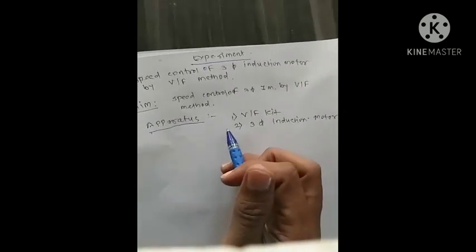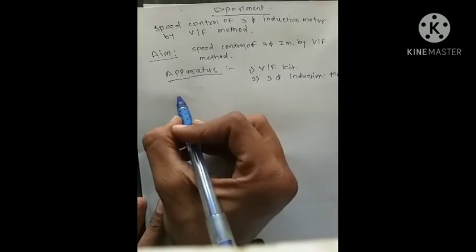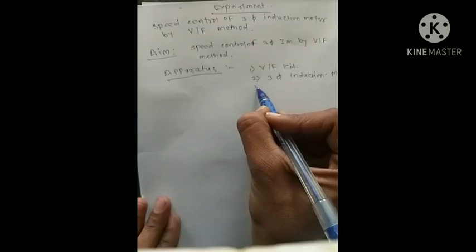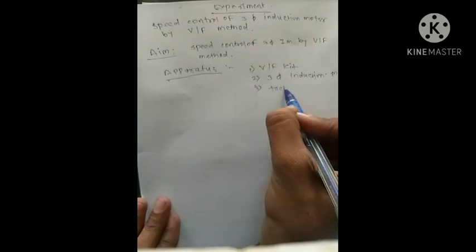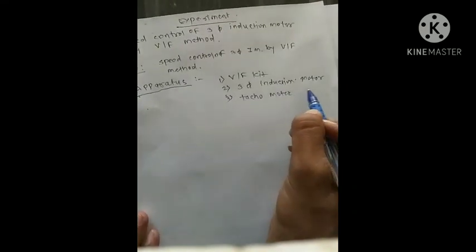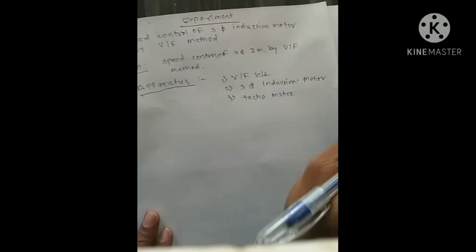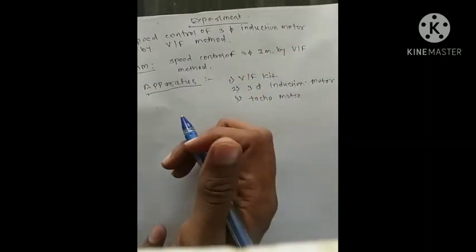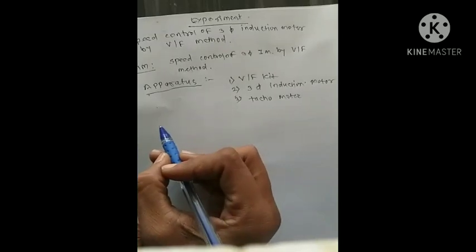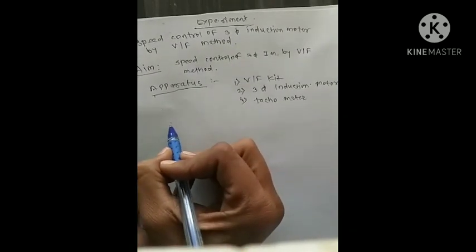Then after that, a tachometer to measure the speed of the induction motor. So to control the speed of three-phase induction motor, first of all we draw the block diagram.